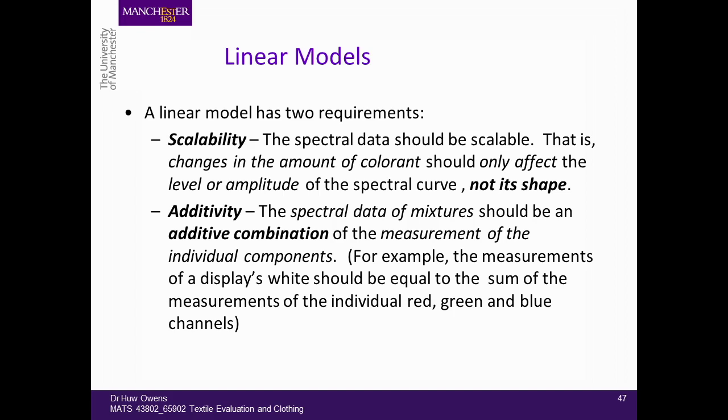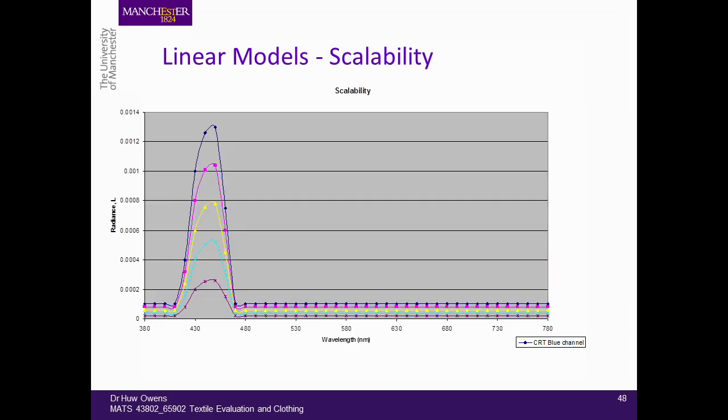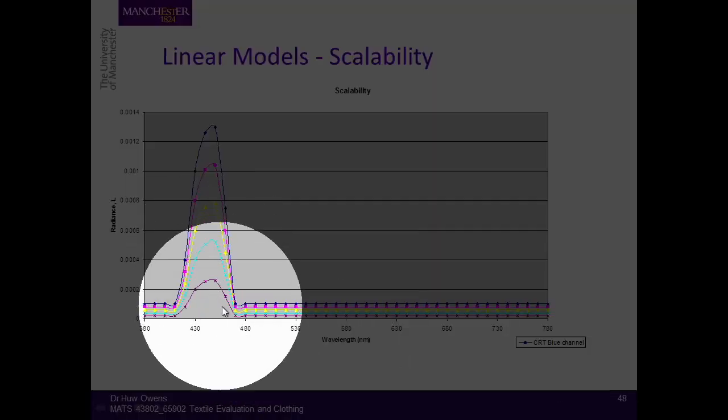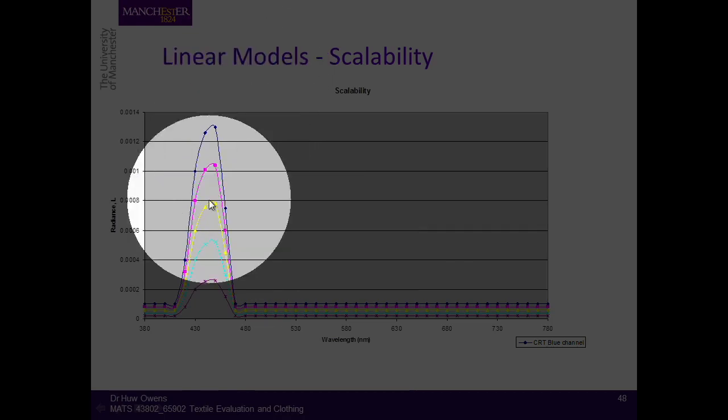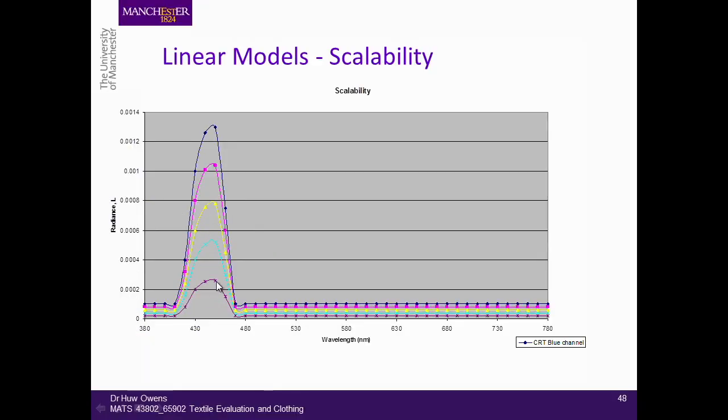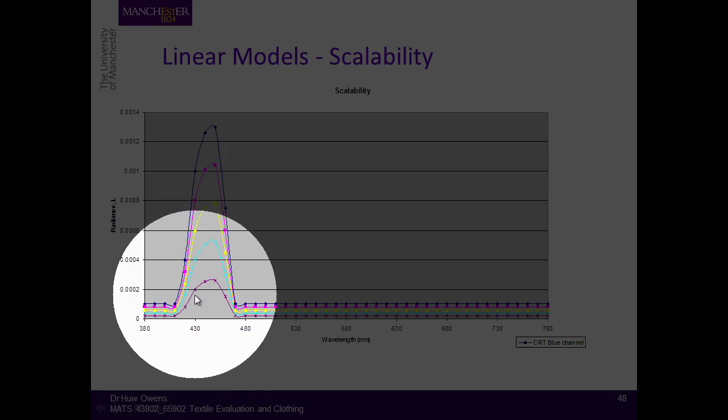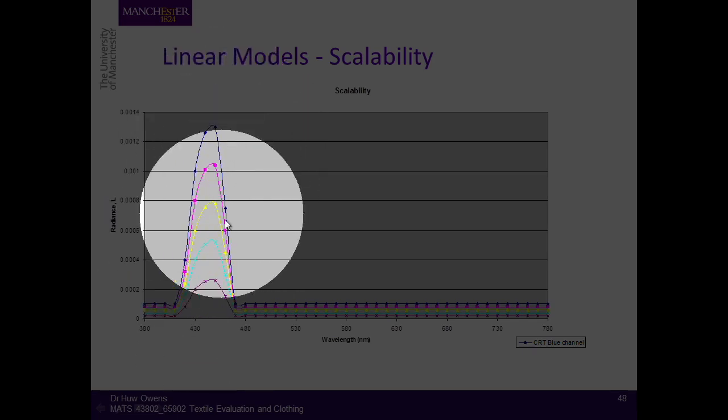Okay, let's try and go through that. So here's the scalability thing. You can see here, this is a monitor, but the same thing holds. At different output levels of that blue channel, we still get a very similar shaped curve.